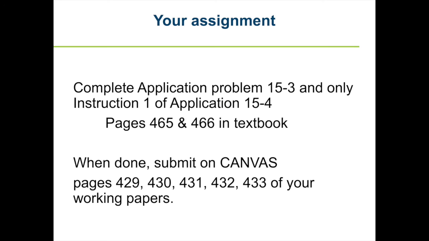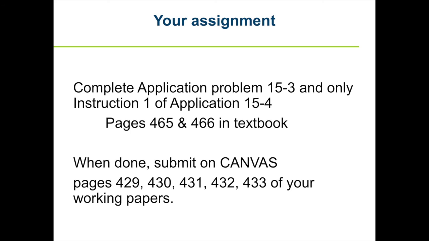Now we have completed section 3 of chapter 15. Your assignment is to complete application problem 15-3 and only instruction 1 of application 15-4. If you look in your textbook, these are found on pages 465 and 466. If you look at the bottom of page 465, you will see the application 15-3 problem, just what we got done doing.